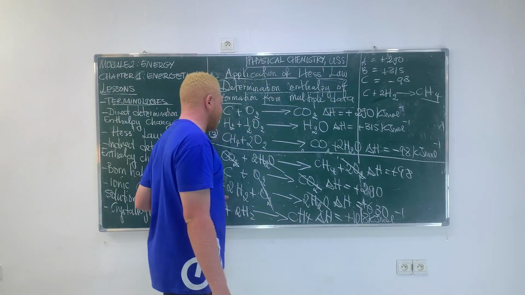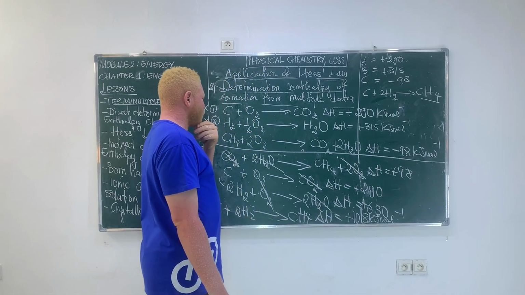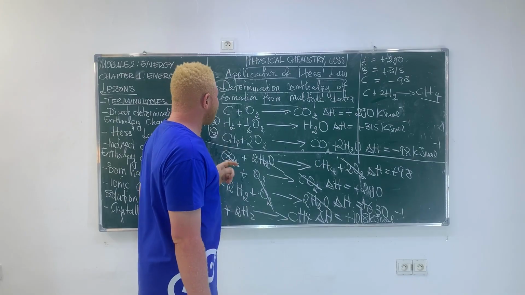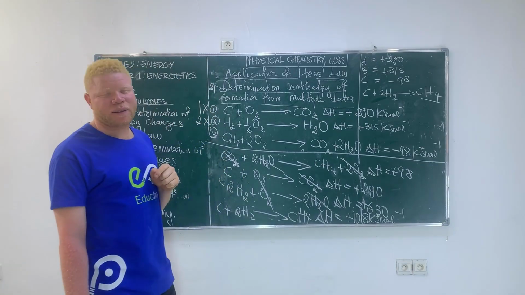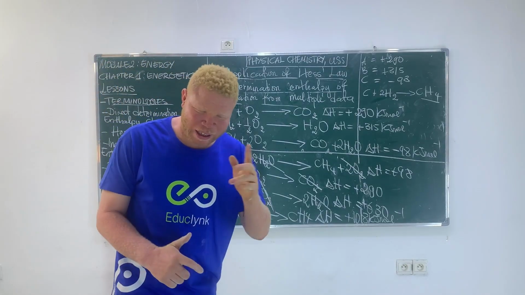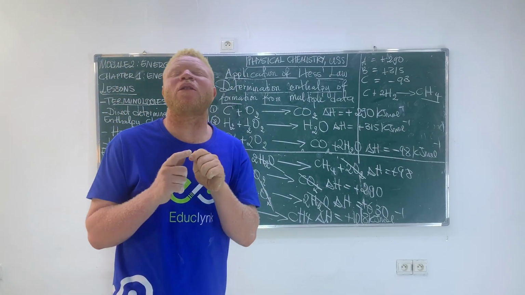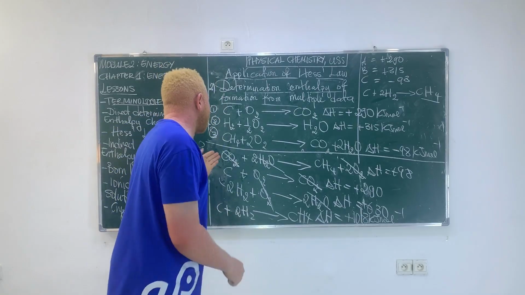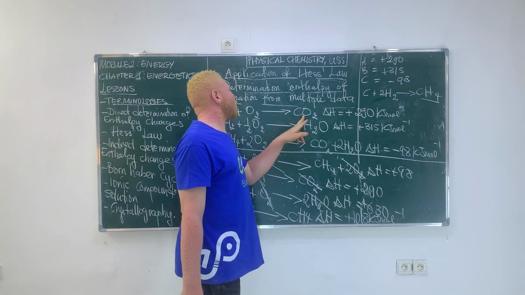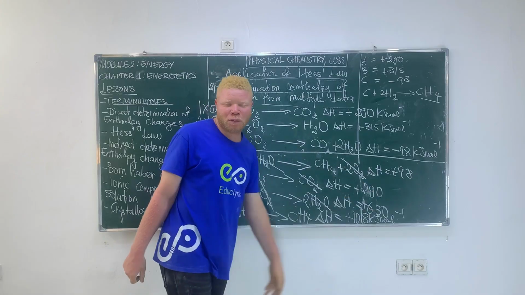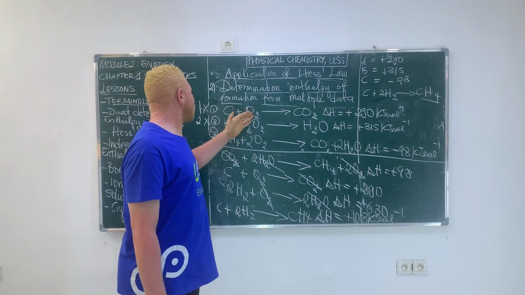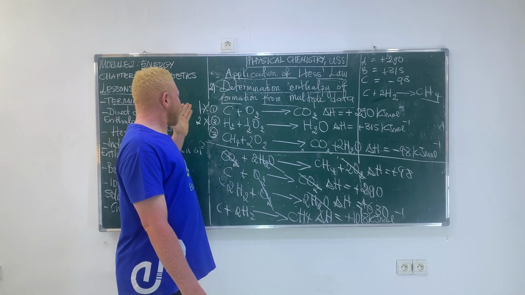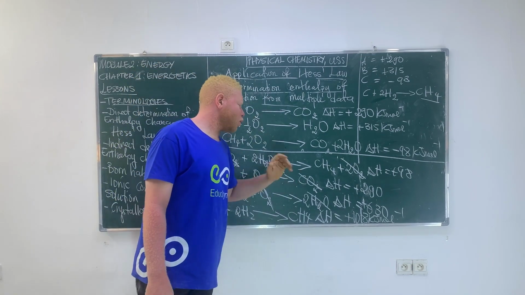Now, what should I do after reversing the equation? In front of carbon dioxide there's one, so I multiply the whole equation by one. C times one is C, O2 times one is O2, CO2 times one is CO2.